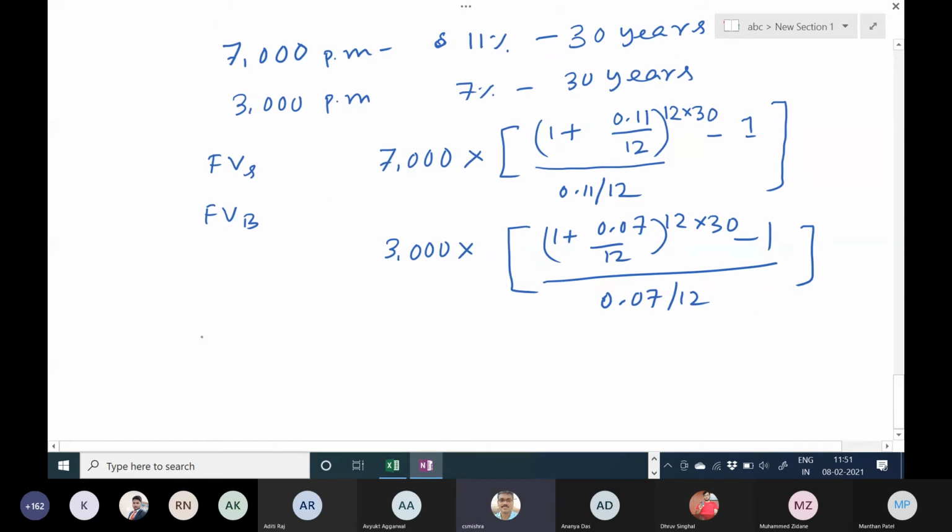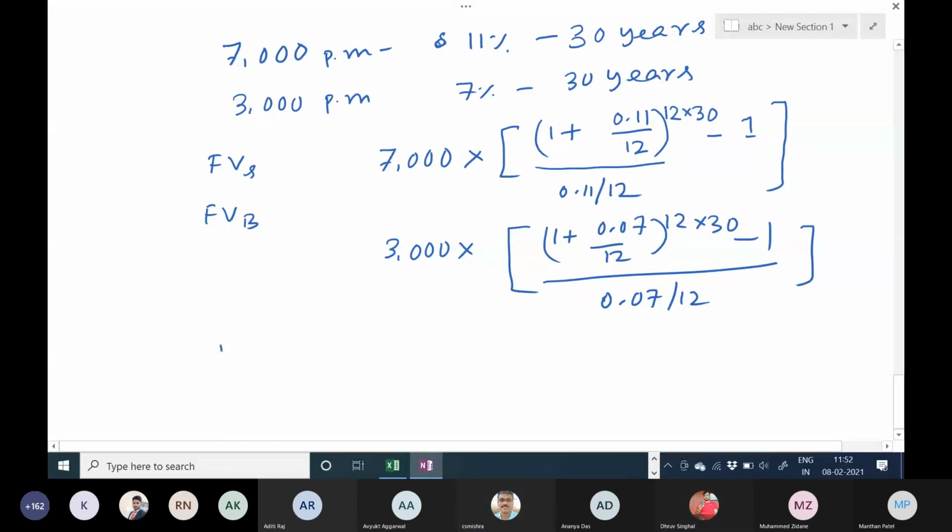This is future value. Future value when? Years later. After 30 years. Future value after 30 years. Future value 30 is equal to future value S.